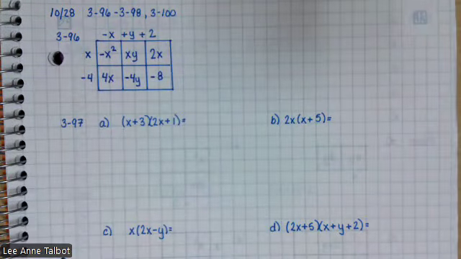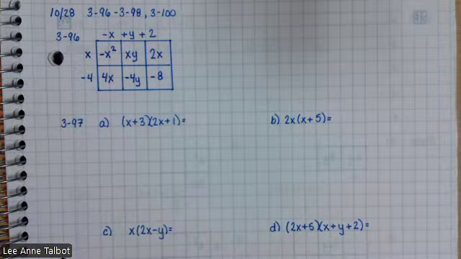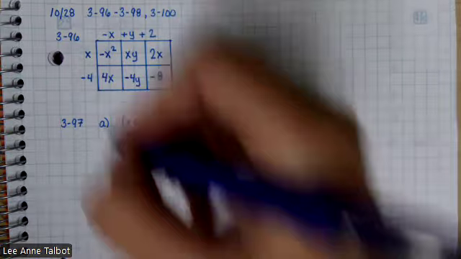Okay, now we examine it for like terms. Do you see any like terms in here? I don't. Oh, yeah, you're right. 2x and 4x.